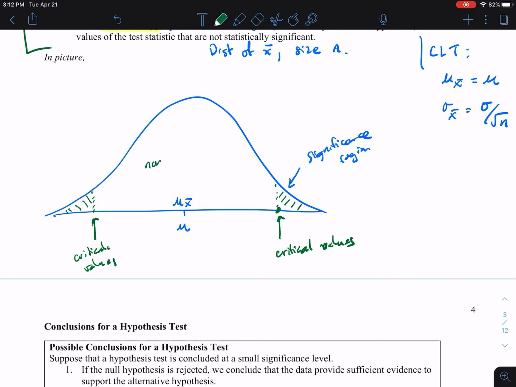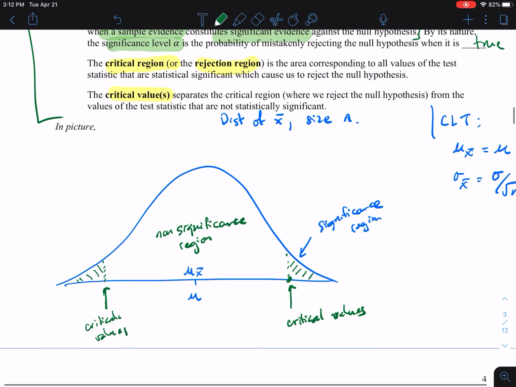So we define the non-significant region as the non-rejection region, and we define the significant region as the rejection region. We'll discuss what we mean by rejection and non-rejection. So this would be the non-rejection region.